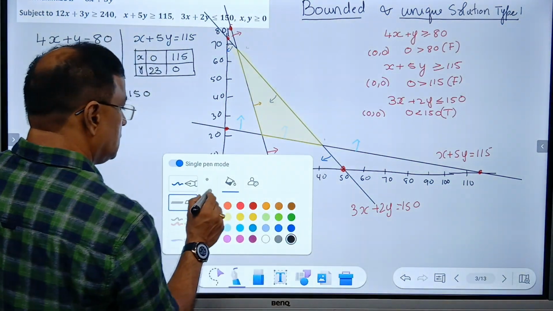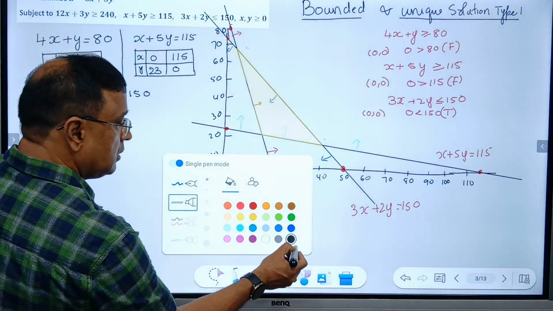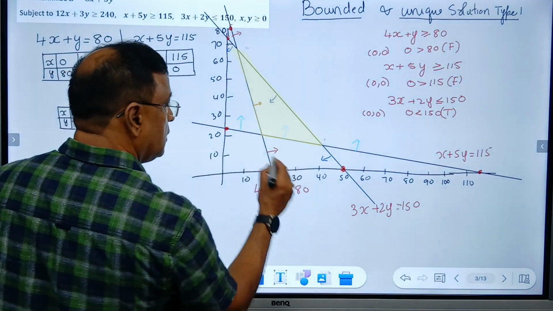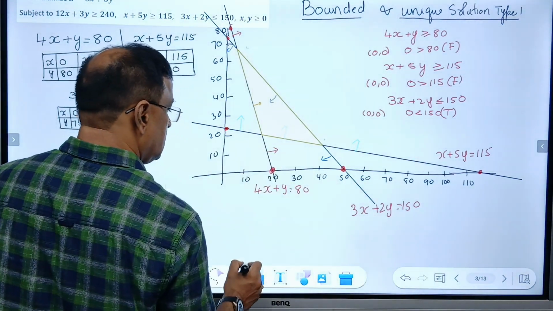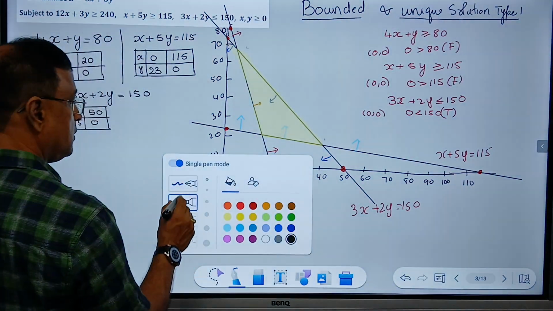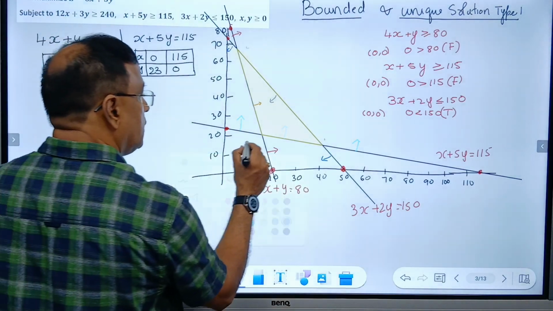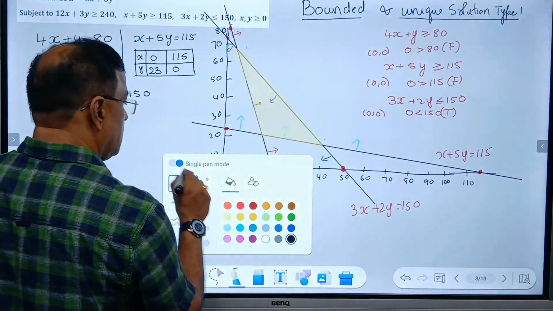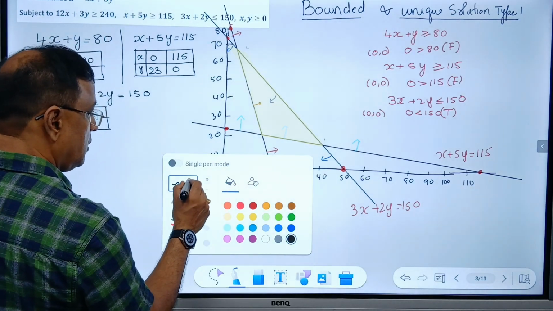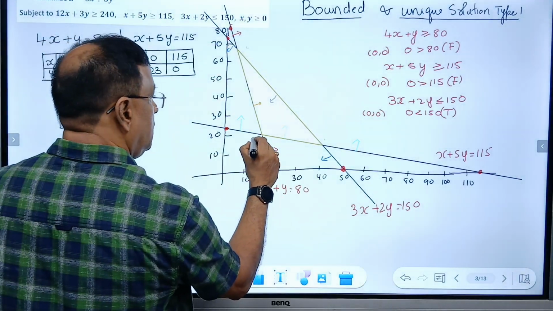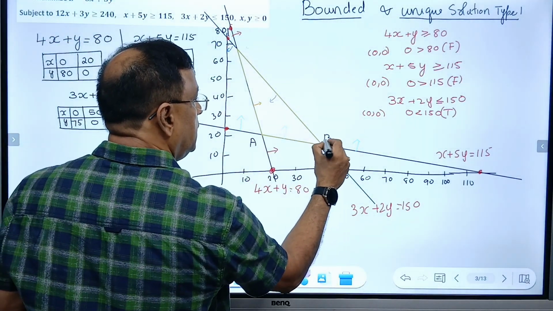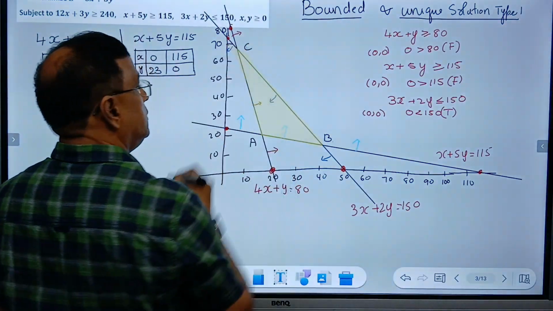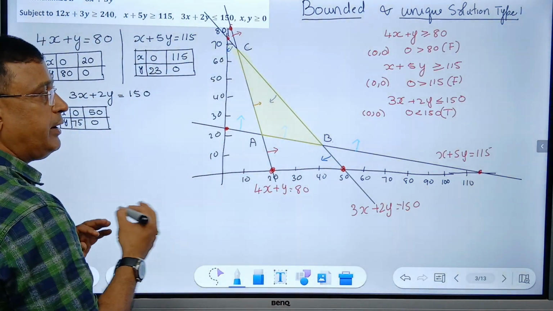I think it's not working properly. Okay, got it now. This is A, B and C. Now how do I find A, B and C?